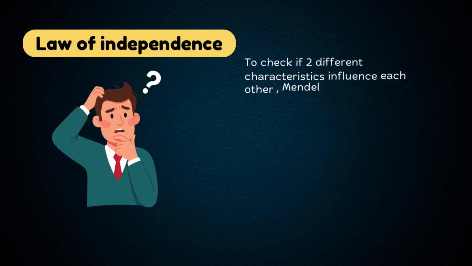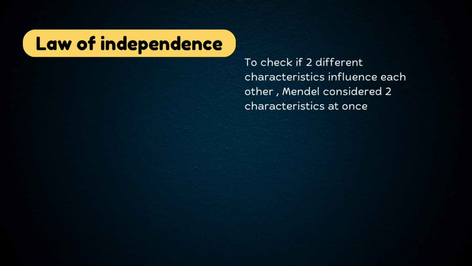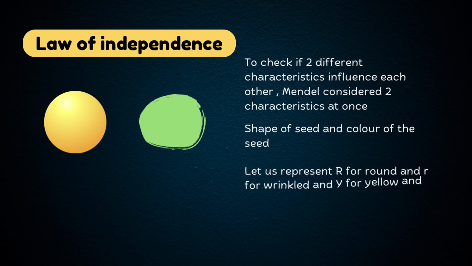Mendel wanted to confirm if two characteristics influence each other during the process of inheritance. So Mendel considered two characteristics at once, which is shape of the seed and color of the seed. So let us consider capital R for round seed and small r for wrinkled seeds, and capital Y for yellow color of the seed and small y for green color of the seed.